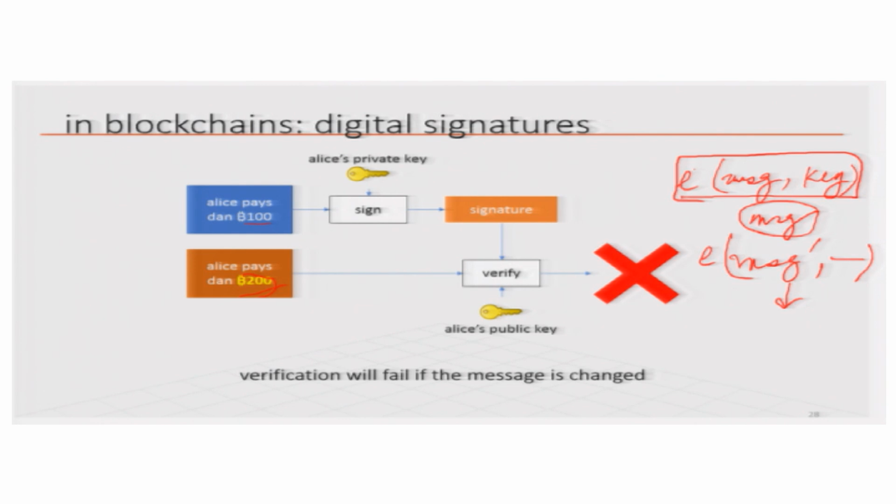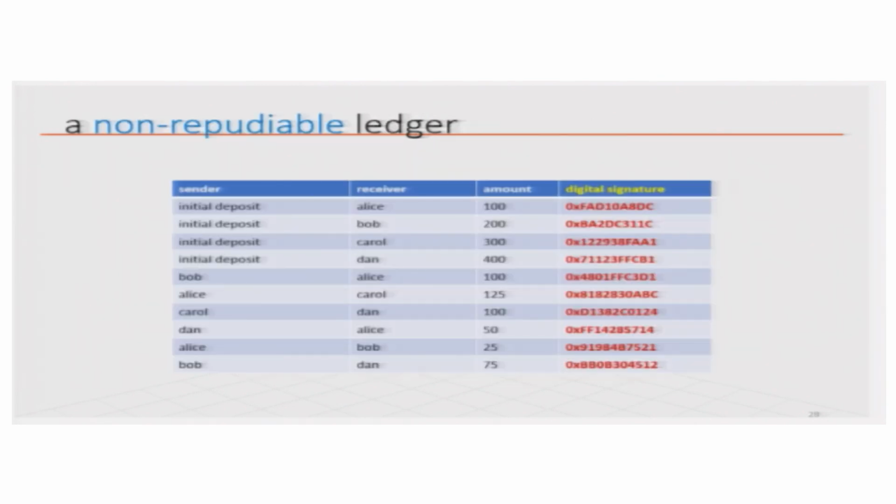So, therefore, now in the ledger we have to not only store the transaction message or the information like who gets how much, we have to also put the digital signature that came with it. So that later on, if I again want to validate all transactions, I should be able to validate them by using the public key of the person who put the transaction in, the sender, and then use that to verify that the transaction amount and whoever is saying the transaction is from are genuine, right.